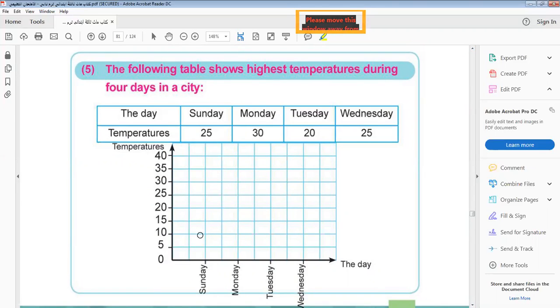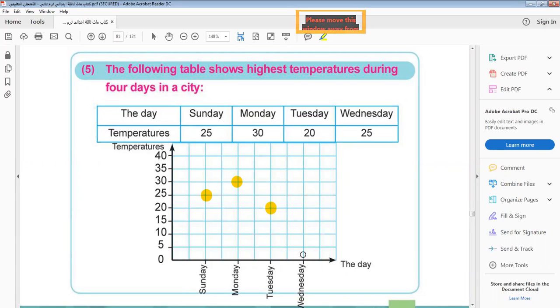On Sunday you have 25 degrees Celsius. So here on Sunday up 5, 10, 15, 20, 25. So I will put a point here. On Monday 30, so 5, 10, 15, 20, 25, 30, 35. Here 30. On Tuesday 5, 10, 15, 20. So here 20.